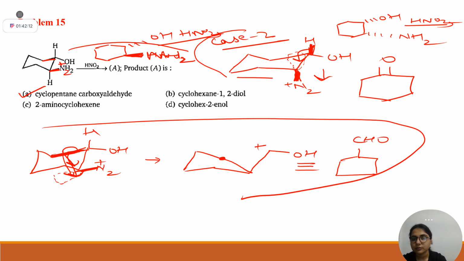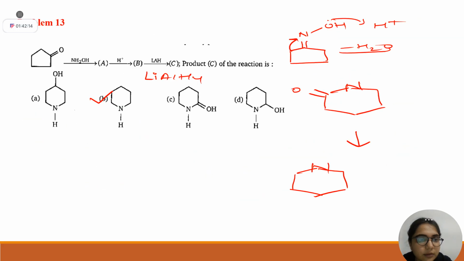Ma'am, question number 13. Till the first step I have got, then how does it proceed? See, this is a symmetrical system, but we know that the anti group to OH migrates, right? So if this group migrates, here it will be positive, here it will be negative. This negative will go to nitrogen as this OH will leave as H2O.